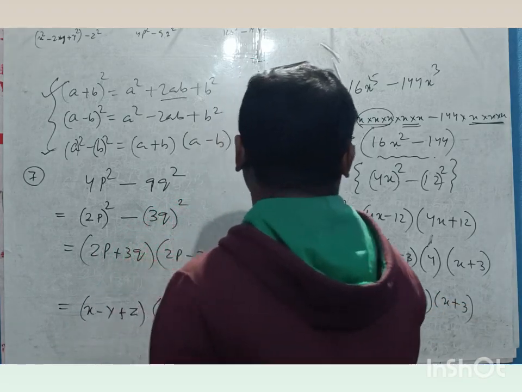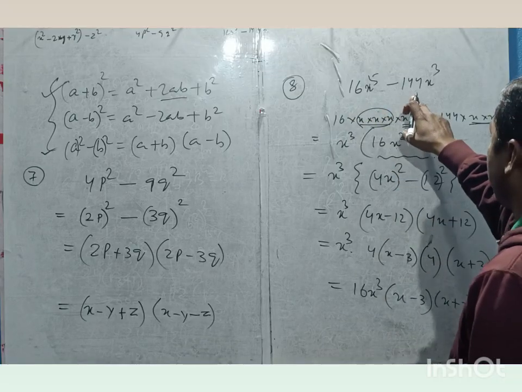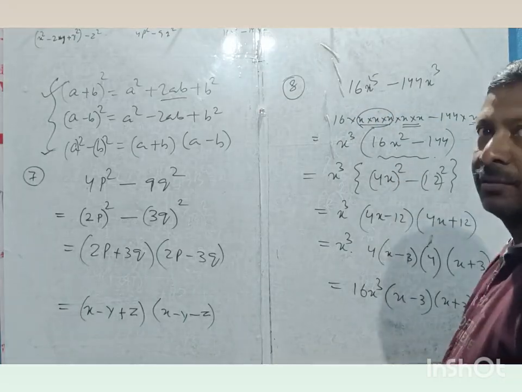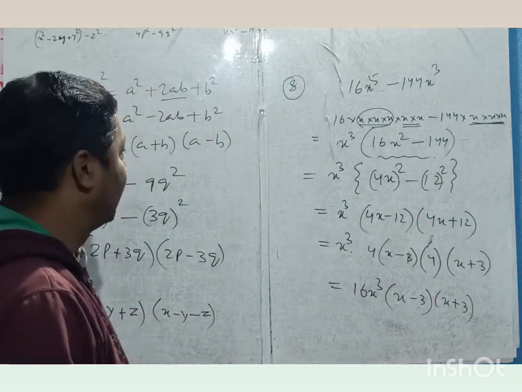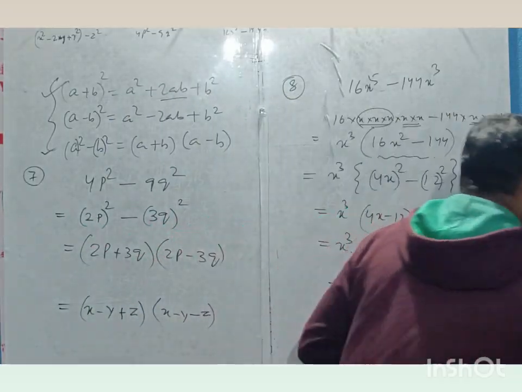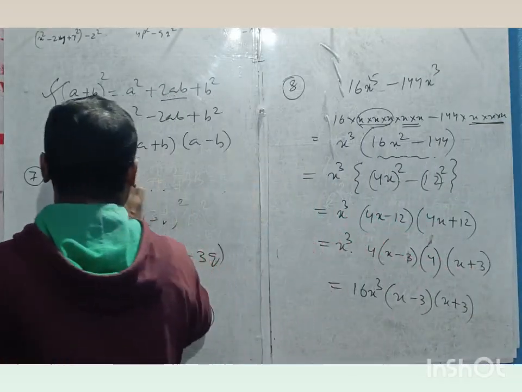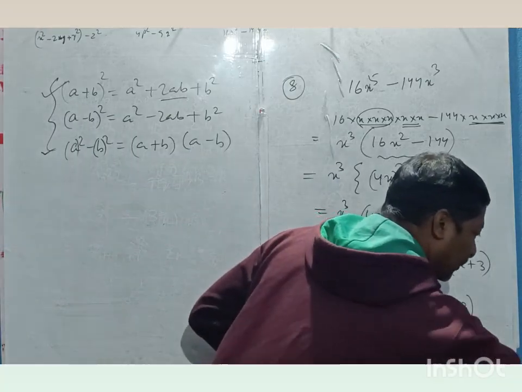Okay. If you take 16x^3 from the beginning, that also makes it much shorter to reach this. Let's go in that way. If you like that way, you can proceed in that way.